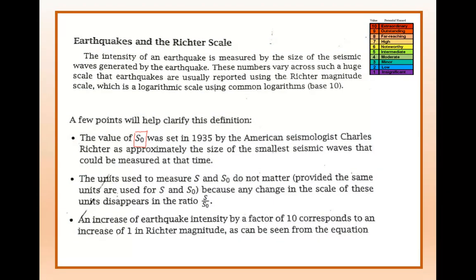It is approximately the size of the smallest seismic wave that could be measured at the time. The units actually don't matter because of this ratio, it changes proportionally. So an increase of the earthquake's intensity by a factor of 10 corresponds to an increase of 1 Richter magnitude. Okay, so that's one application: earthquakes and the Richter scale.